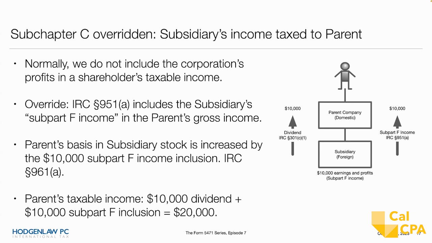Well, actually, before that, here's the double taxation problem in play. We have $10,000 dividend income and we have $10,000 of subpart F income. This is the problem where you've got $20,000 of taxable income on the parent company's Form 1120, but you've only got $10,000 of real earnings down at the subsidiary level. So something's got to give.